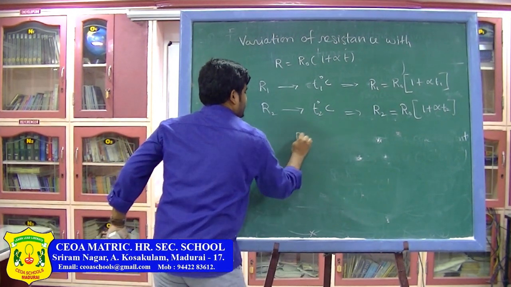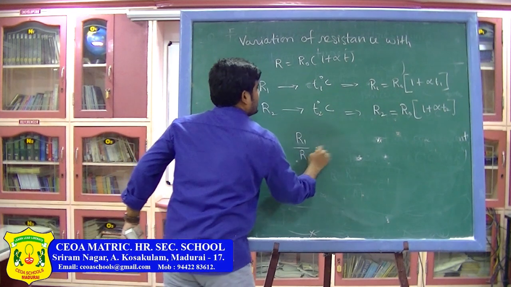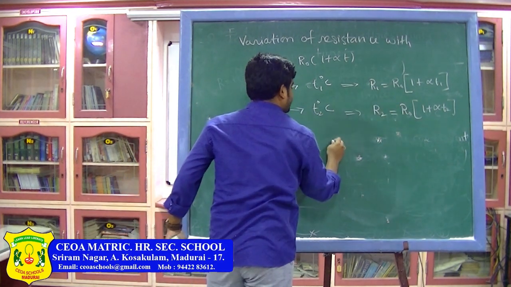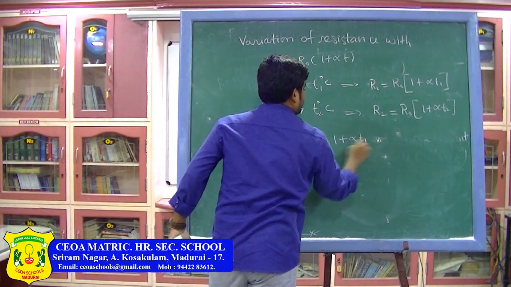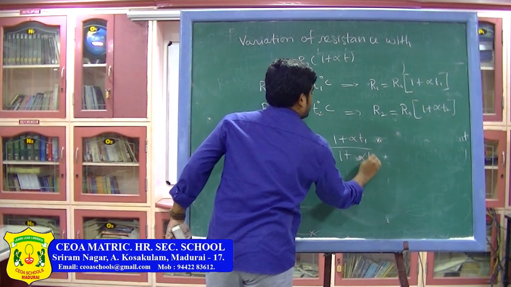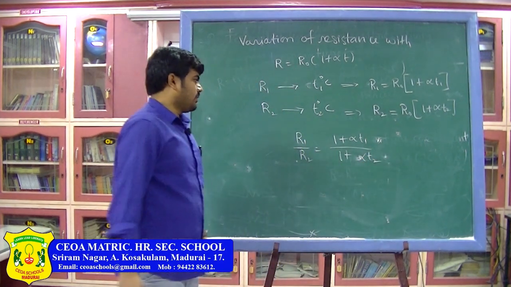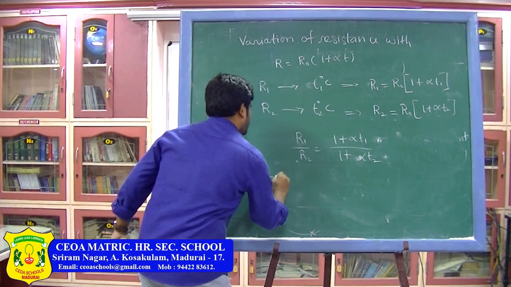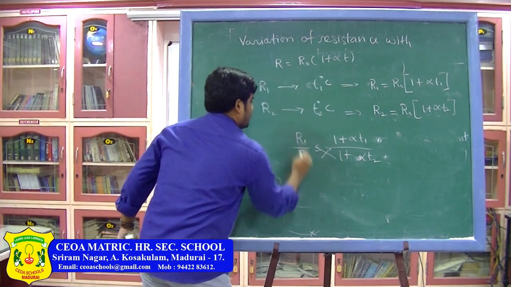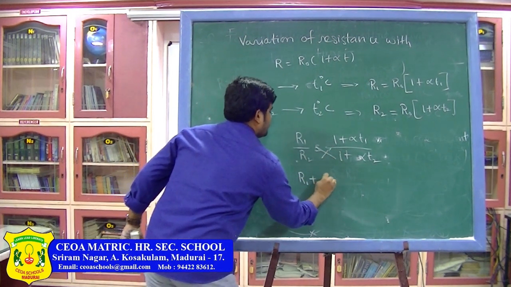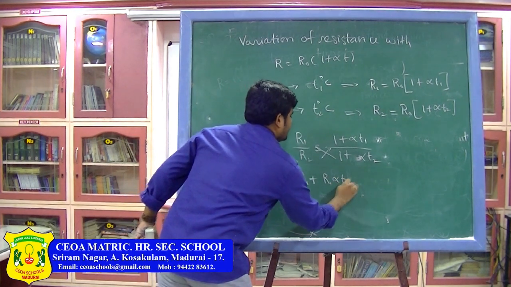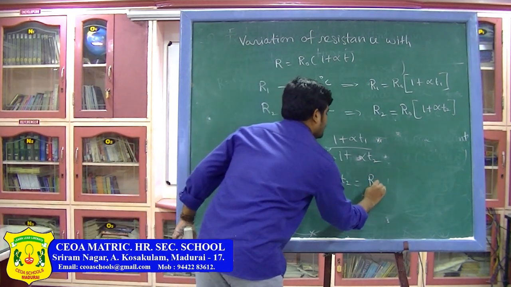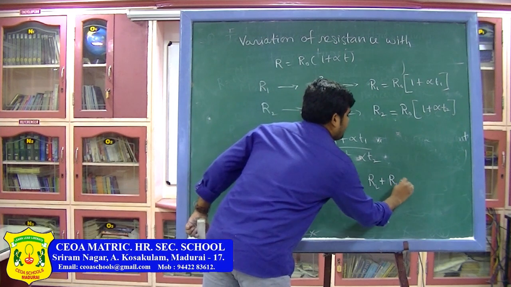Dividing both equations, R1 by R2 is equal to, R naught will get cancelled, 1 plus alpha T1 divided by 1 plus alpha T2. Now solve it for alpha. Cross multiplying you will get R1 plus R1 alpha T2 equals R2 plus R2 alpha T1.